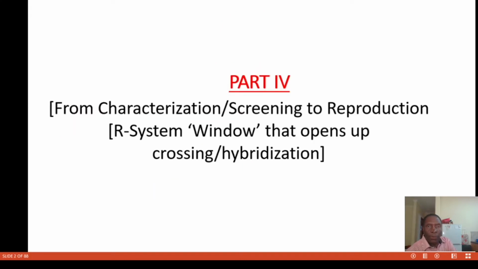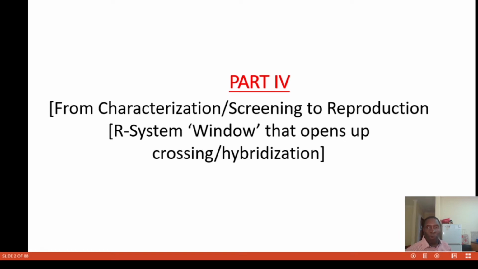Today, we are going to be looking at a progression from characterization or screening. Remember, screening is the evaluation, and you have done the evaluation of your particular lines. You have the data, you have done some statistics, and you know the way out in how you can now handle the accessions of promise and crossing.